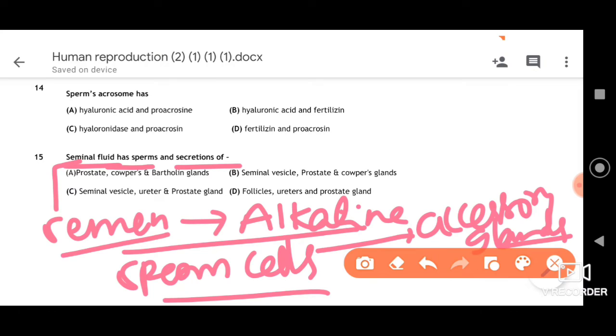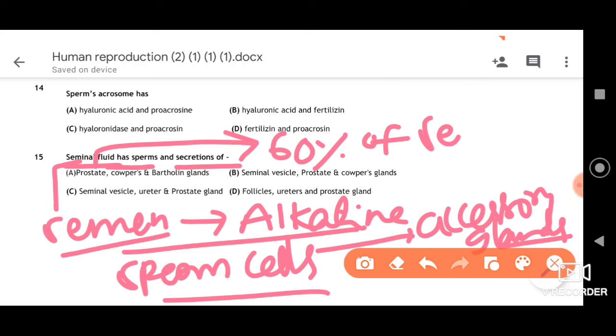Further, my dear friends, the seminal fluid forms around 60% of the semen, and this will have most of the nutrition: the fructose, the vitamin C, the prostaglandins, the flavins, and many other nutritional components.